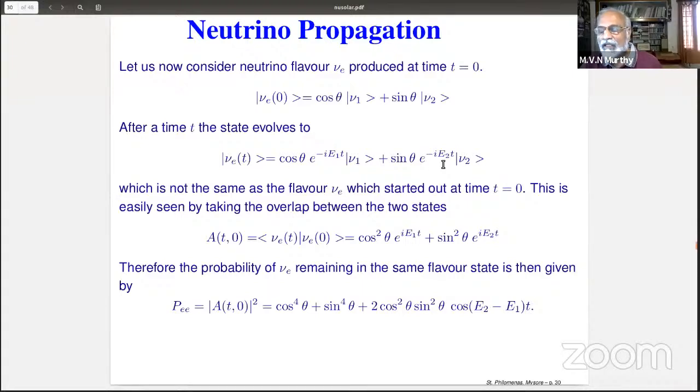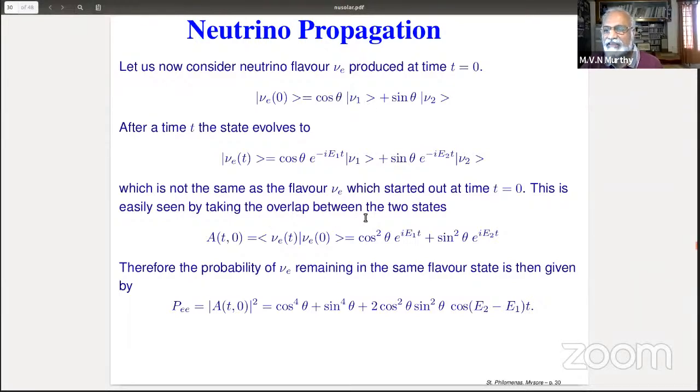So how do we know how much of this evolved nu e of t contains the original nu e flavor? Because this is the evolved electron neutrino flavor state. So how much of this is the original electron neutrino?